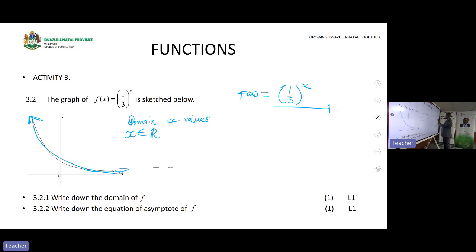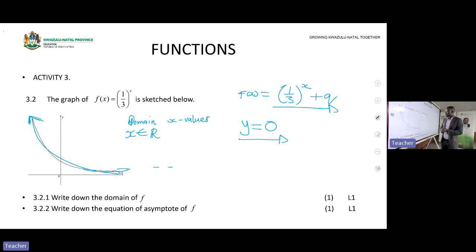You can see that there's supposed to be a value of q here, which is our constant. In our equation, you can see that there's none. So it means the horizontal asymptote has the equation y = 0. So our equation is y = 0.